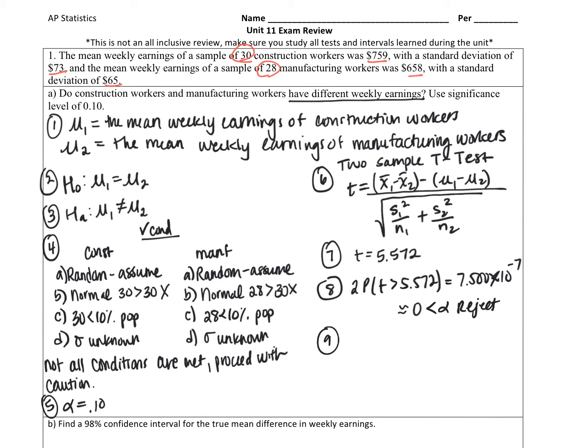So with a p-value of approximately 0, the data suggests, yes, there is a difference.